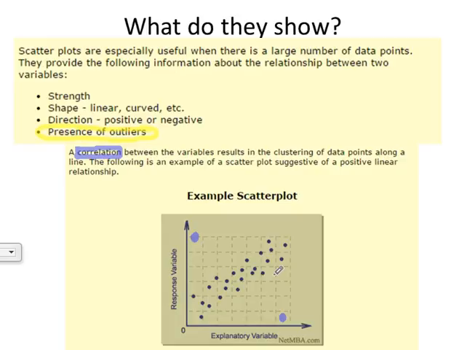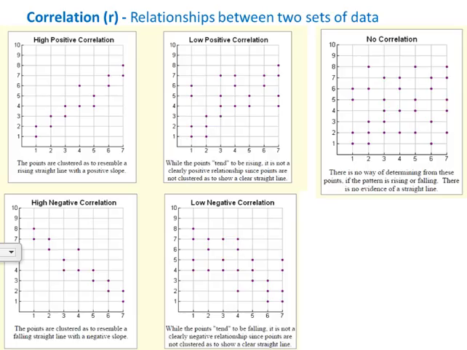And this example of a scatter plot would be suggestive of a positive linear relationship. And when I say positive linear relationship, it means that as one variable increases, the other variable is increasing. And that type of relationship is what we call correlation. And we're going to talk more about that on the next slide here.